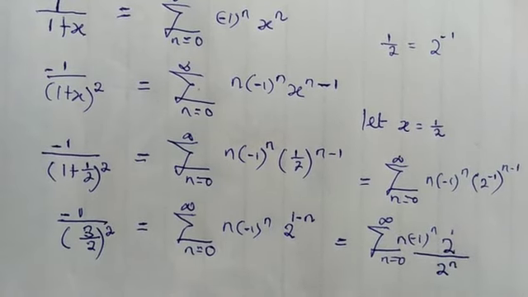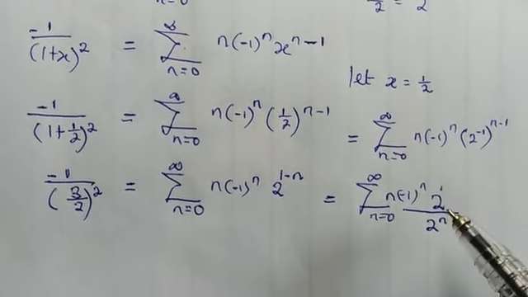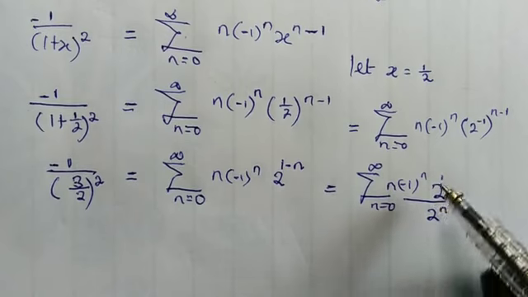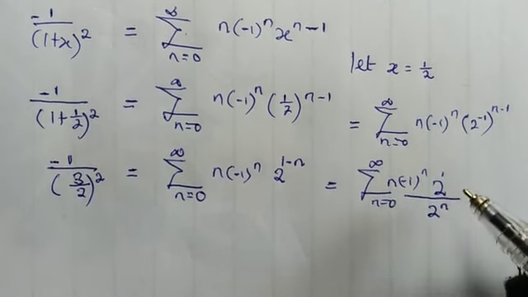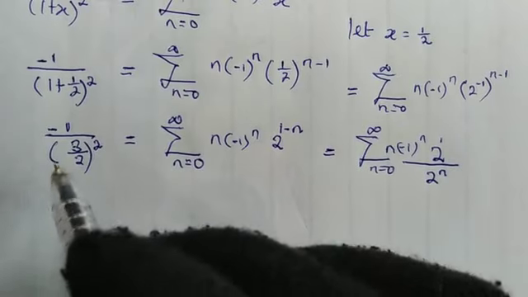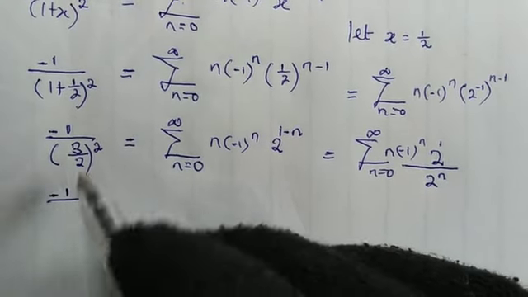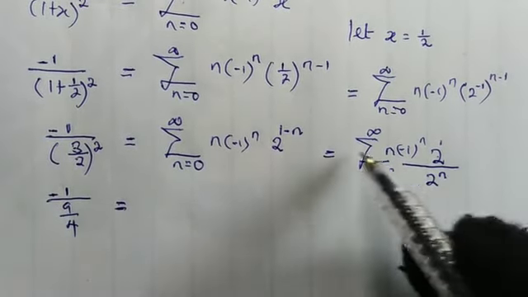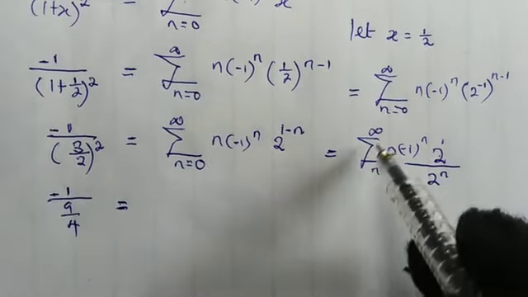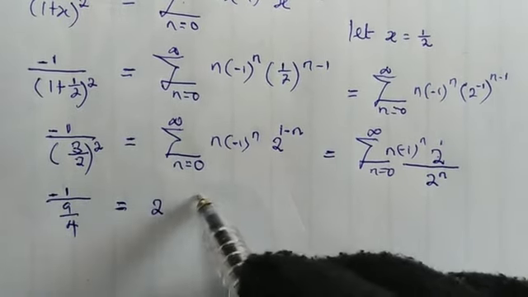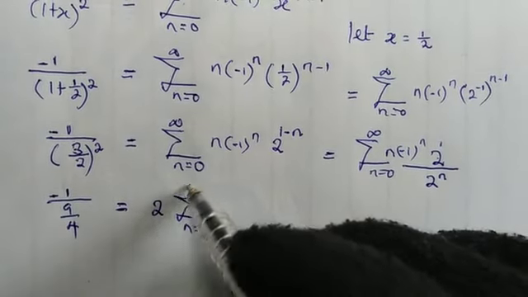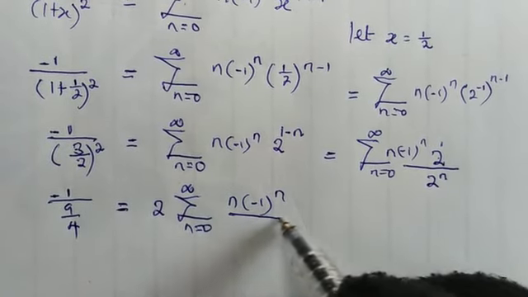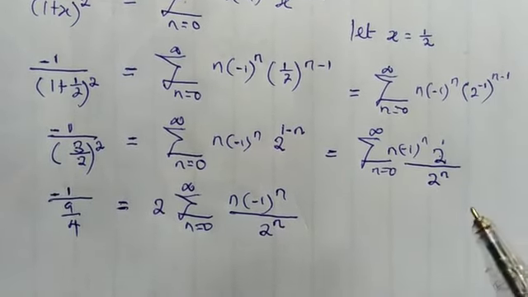This is one of the laws of indices: when we are dividing two expressions with the same base, we just need to subtract the powers. Now from here, the left is going to be negative 1 over 9 over 4. These 2 we can write outside of the sigma, so we have 2 times the sum, n goes from 0 to infinity, of n times negative 1 to the power of n over 2 to the power of n.